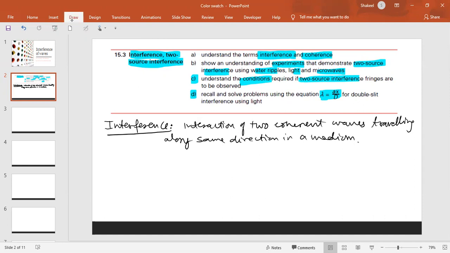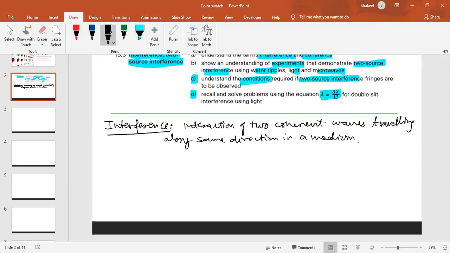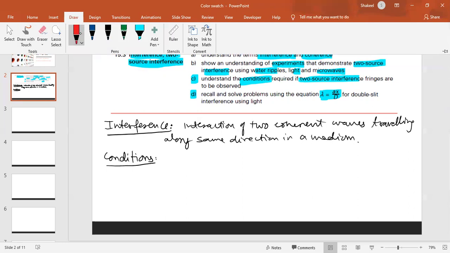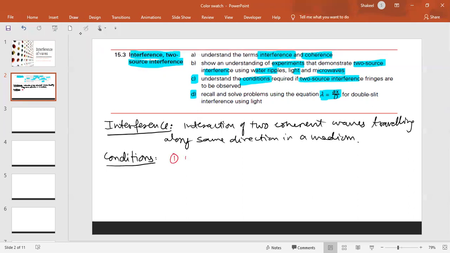So for interference, you already know that interference is the interaction of two coherent waves traveling along the same direction in the medium. Then the next thing is the conditions required for interference. Number one, waves must be coherent.